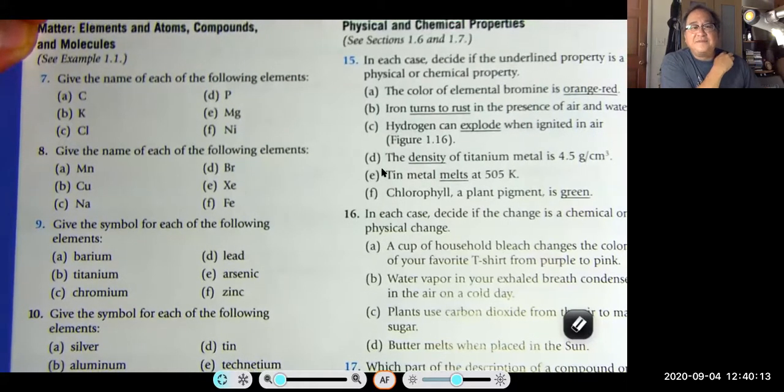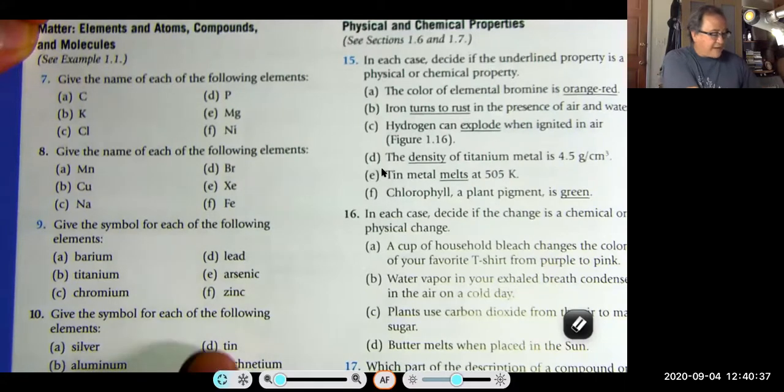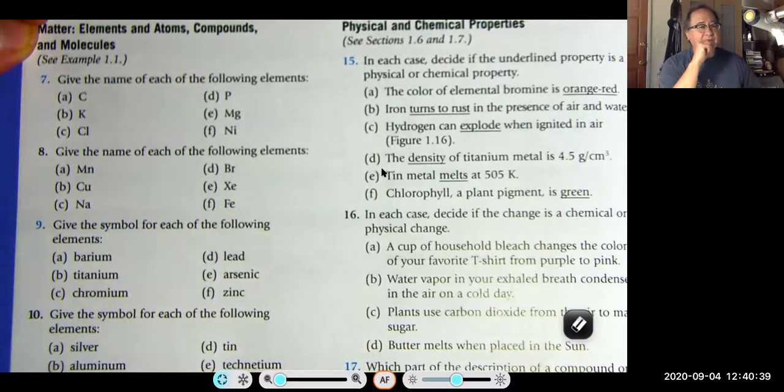D, phosphorus. A lot of people confuse potassium and phosphorus. Potassium is the K. E, magnesium. And F is nickel. Now, all of these you should be able to name also for 8.